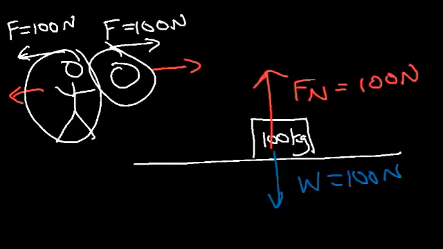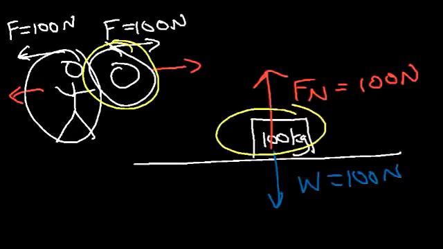The weight force and the normal force are acting on the 100 kilogram object, so it remains at rest. Whereas, if you focus on a basketball, only one force is acting on it, and the other force is acting on the other person to move them apart. So, even though in this example it appears as if the weight force is the action force and the normal force is the reaction force, these are not true action and reaction pairs, because these forces are acting on the same object. I just want to clarify that particular concept.